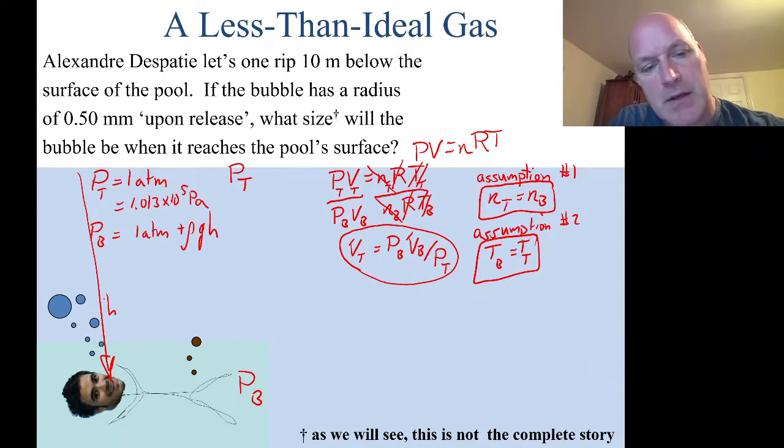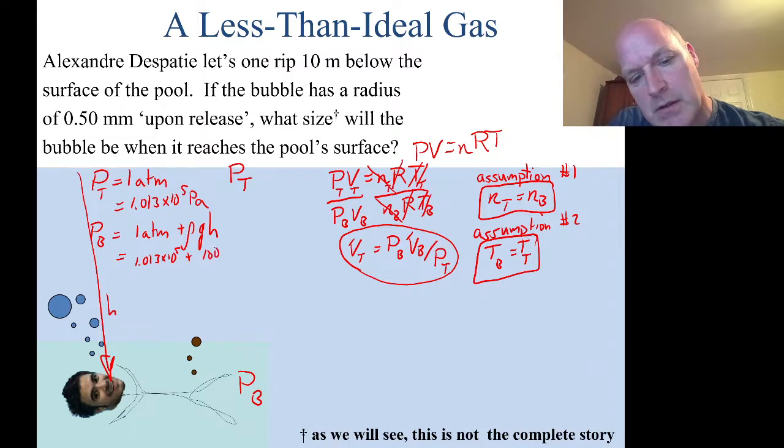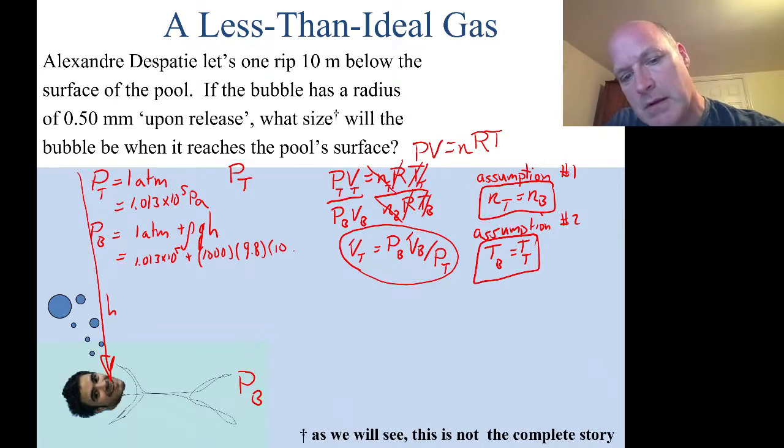Okay, and so we're going to plug all that in, and we say 1.013 times 10 to the 5 plus density, 1,000, gravity, height. And they told us 10 meters. Okay, so we can plug that into our calculator. Second.